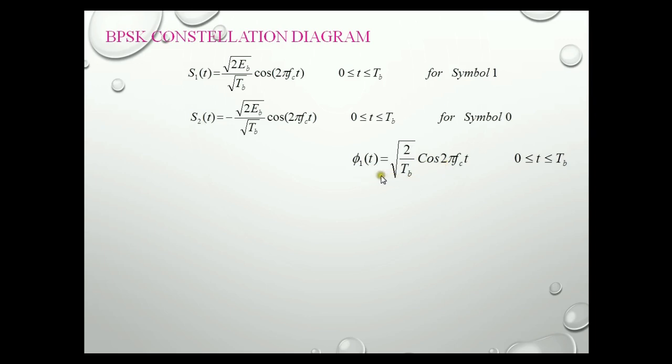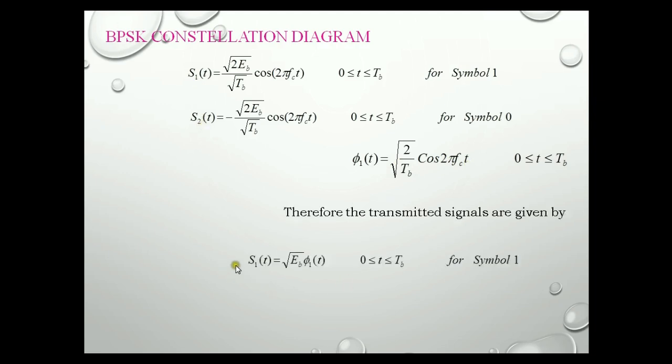Substituting this for S1 of t and S2 of t, we obtain S1 of t as equal to square root of EB into psi 1 of t and S2 of t equal to minus square root of EB into psi 1 of t. So psi 1 of t is called the basis function.